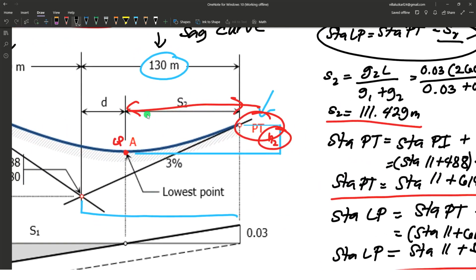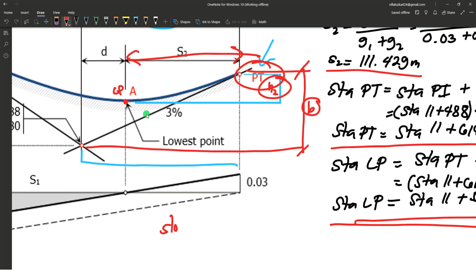So how do we determine the elevation of PT? We need to determine this vertical distance. We can just use the concept of slope, which is equal to rise over run. The rise here is the vertical distance, the run is the horizontal distance between two points, and the slope is the grade.